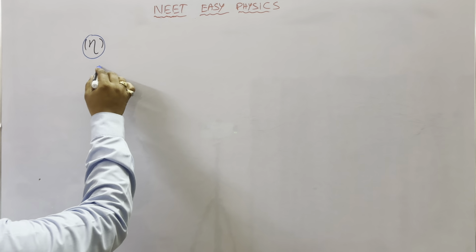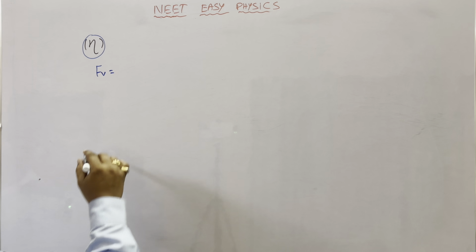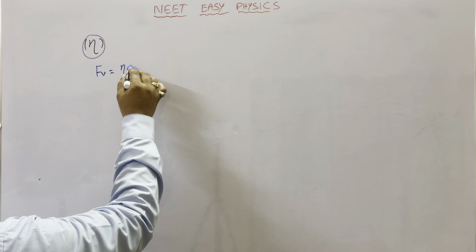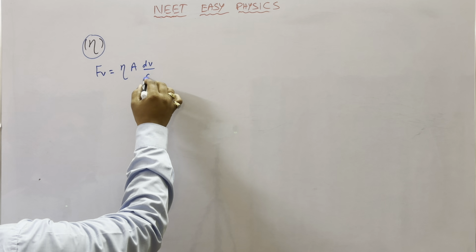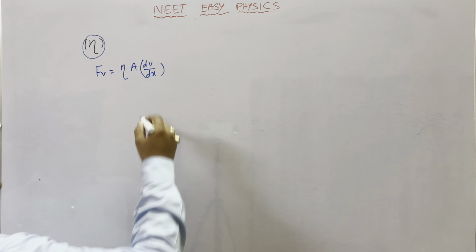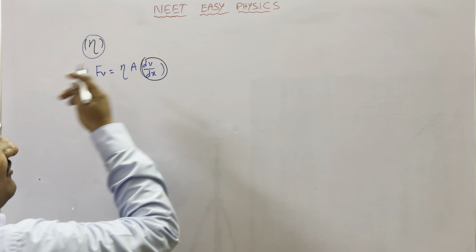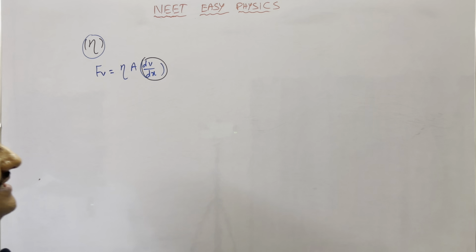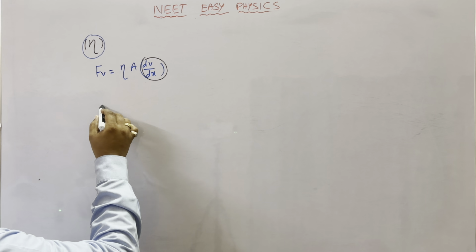So you will get viscous force Fv is equal to eta A dV by dx. So what is this dV by dx? For this also you will get one dimensional formula. What is dV by dx means? We will see.